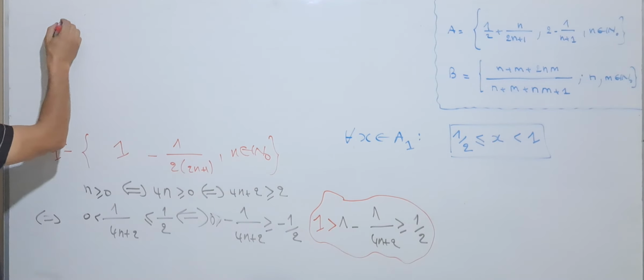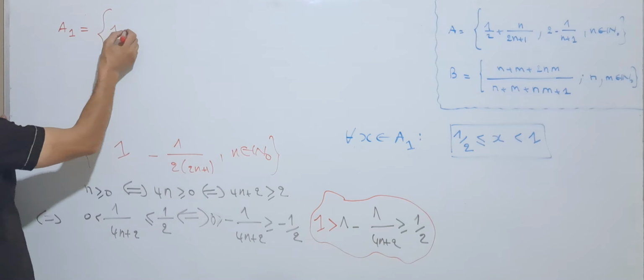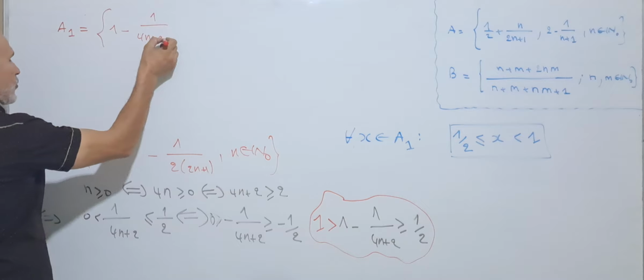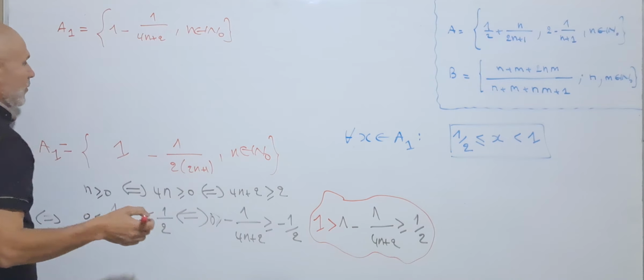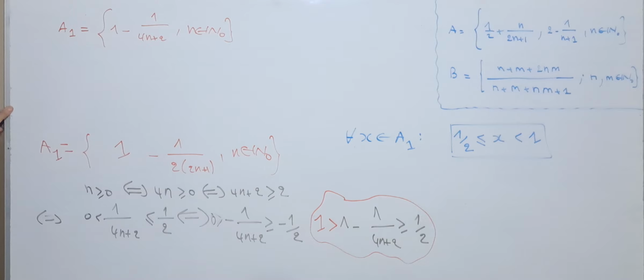A1 is equal to 1 minus 1 over 4n plus 2, and n belongs to N0. And for any given element of A1, this element is included between 1/2 and 1.